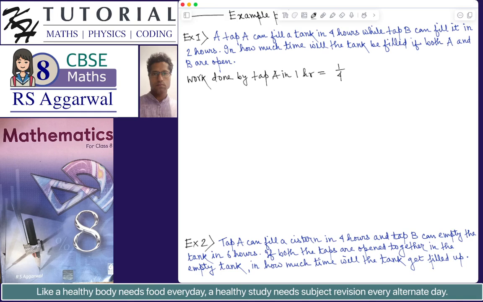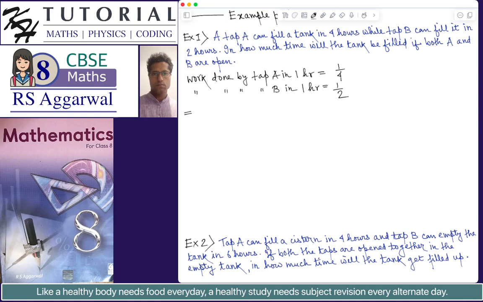So, the work done by tap A in 1 hour is 1 by 4, positive, since it is filling the tank. Similarly, work done by tap B in 1 hour is equal to 1 by 2, since it is given that B completely fills an empty tank in 2 hours.